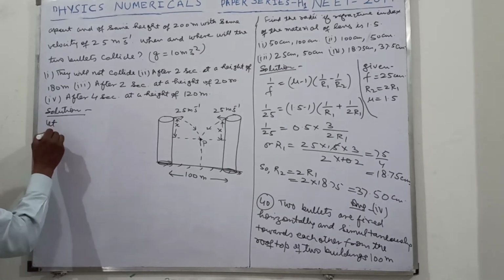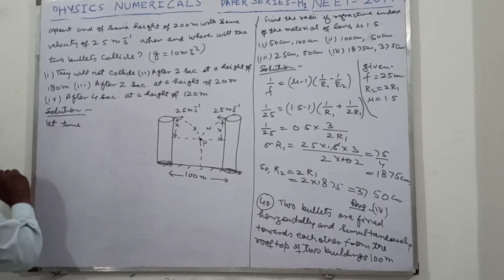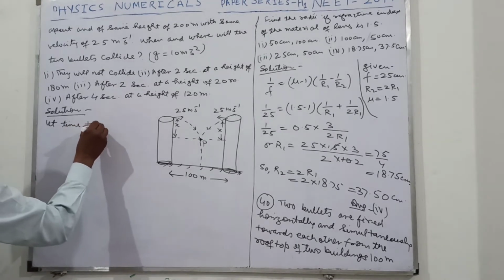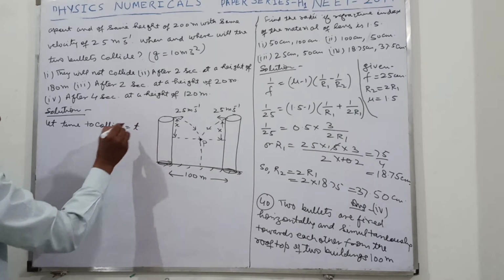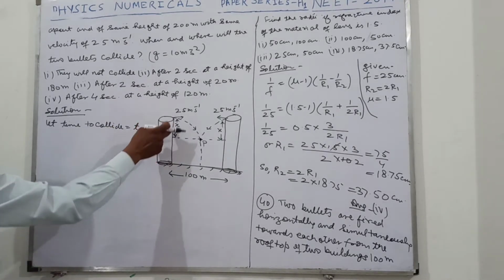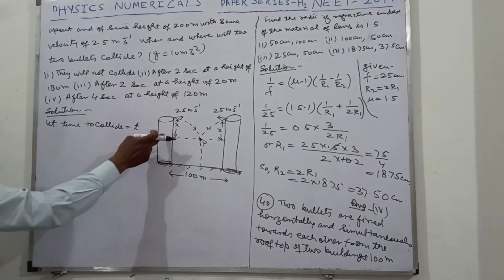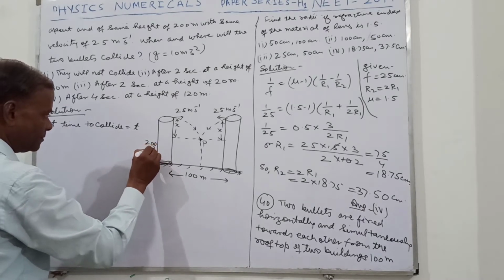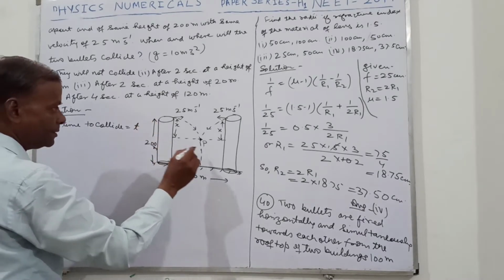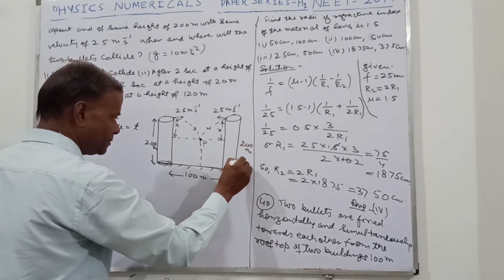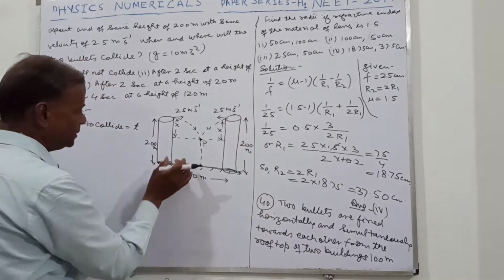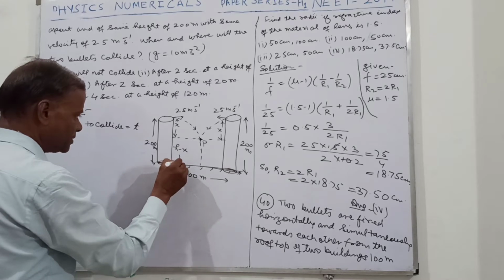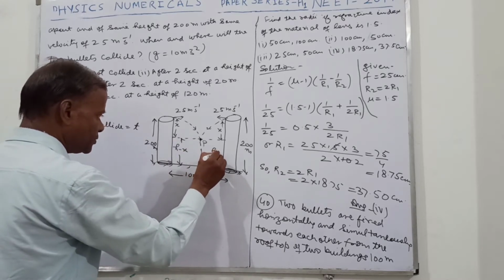Let the time to collide be t, and the height that they fall, this height is given as 200 meter. Then this will remain the height at which they will collide, so this is h minus x, and this is also h minus x.